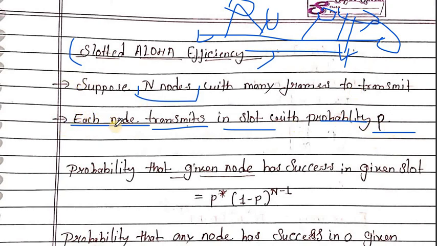Let's assume we have n number of nodes, and each node transmits the packet into the channel with probability P.